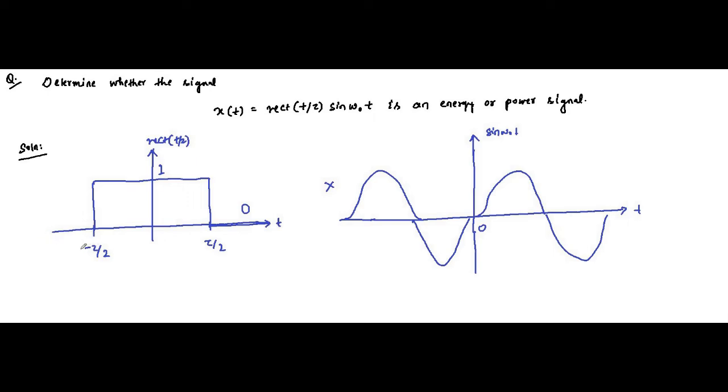For t lesser than minus tau by 2, it is 0 on the negative time side.